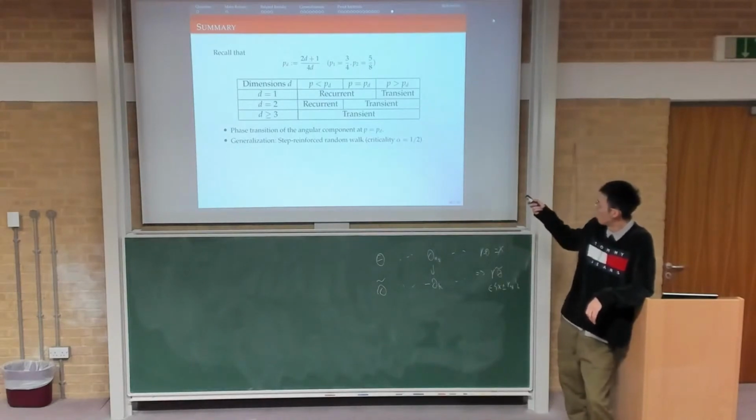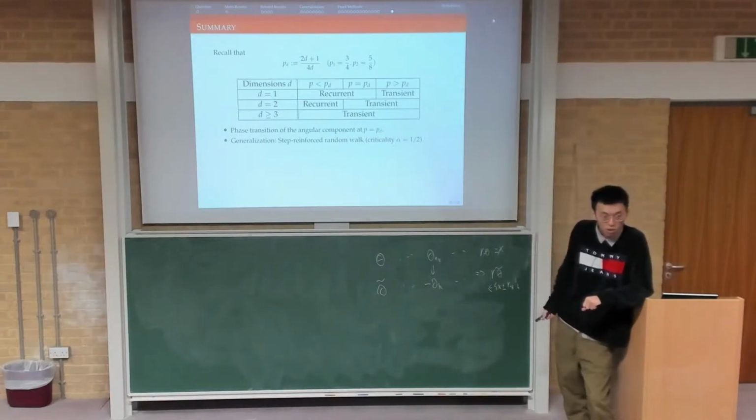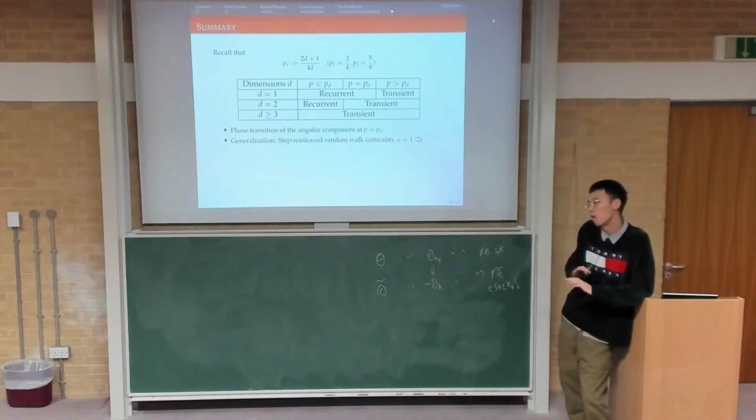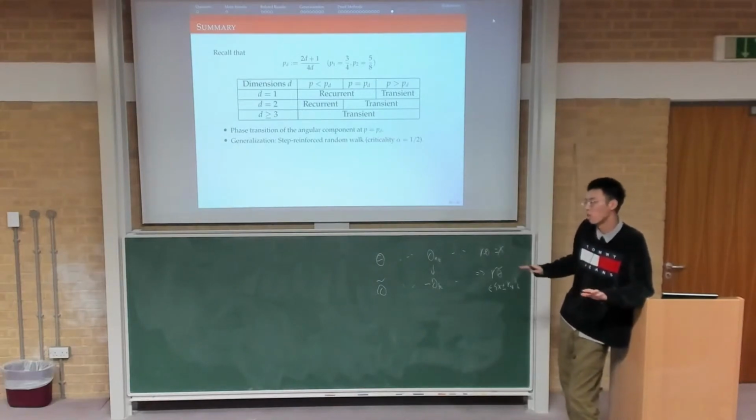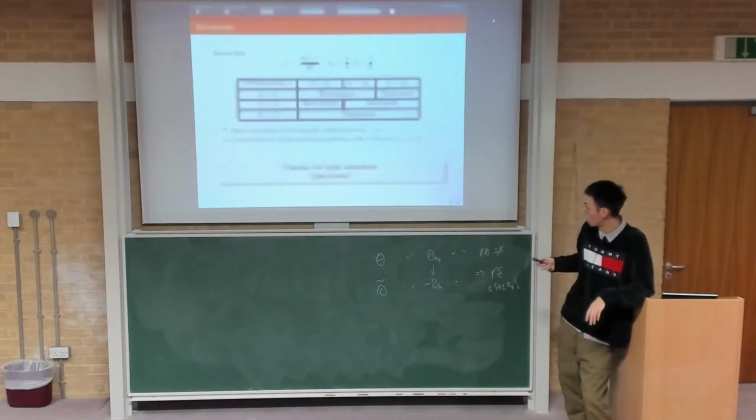But if we view it as a stable infrared walk, one sees that there is a universal criticality at alpha equals 1/2. This is independent of dimension and basically independent of the lattice. Okay, thank you.